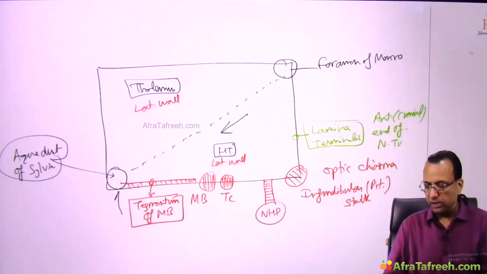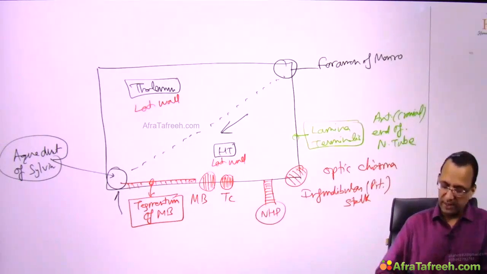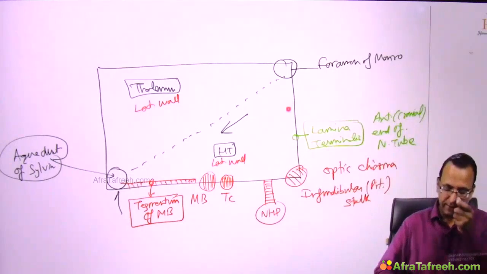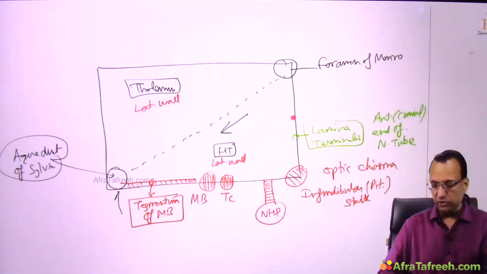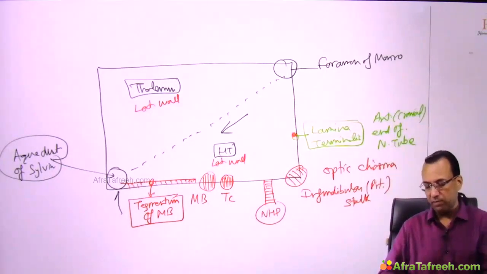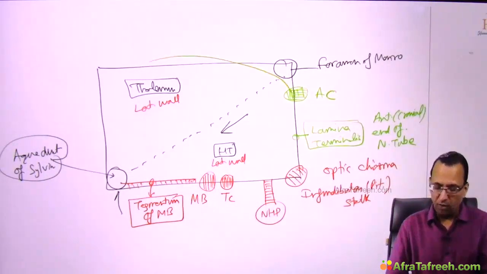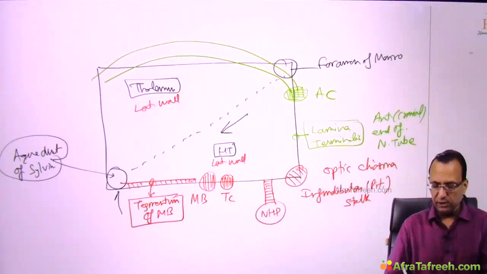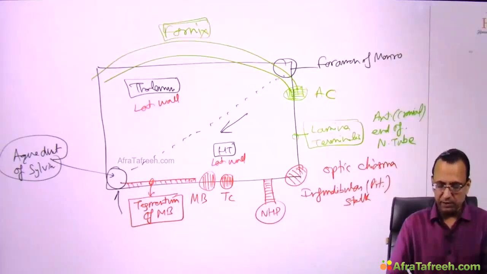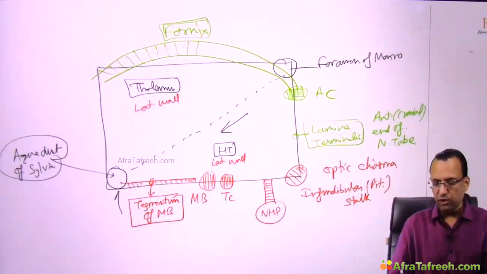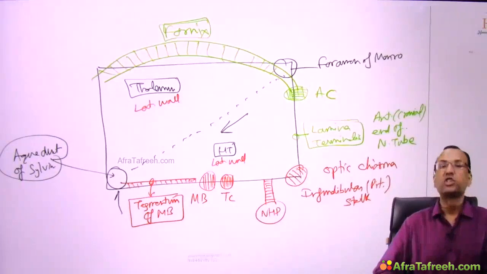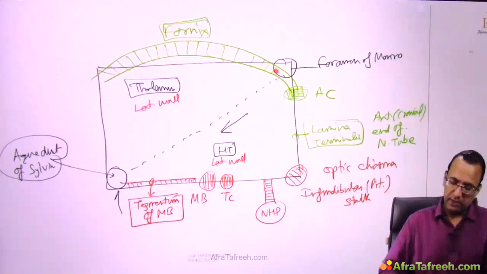The neural tube stops here. It forms the anterior boundary of the third ventricle along with the anterior commissure, and you will also see the fornix beginning. The fornix is basically the roof of the third ventricle, but it also comes slightly anteriorly as well.